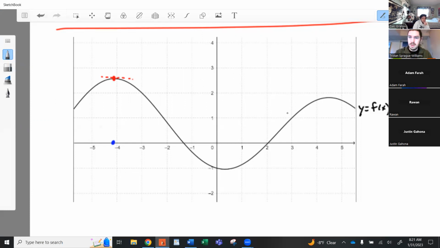Right? And then you can find more of those. There's one over here, horizontal. Here we go. So at that x value, the derivative will cross the x-axis like that. Right? And over here, there's another one right about there, horizontal. So it's going to cross the x-axis. Okay. So there we go.